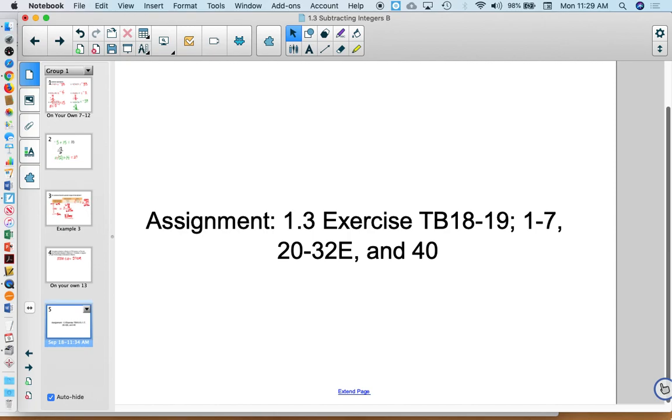Yeah, just exactly like that. And that's the subtraction statement. That's it. Doesn't ask you to solve it. Just write it.